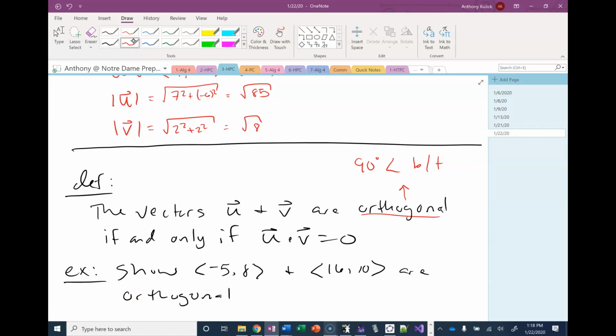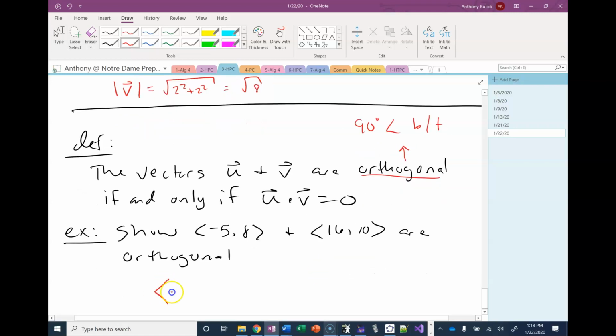So suppose I want to show that -5/8 and 16/10 are orthogonal. What would I do? We're going to take the dot product, multiplying 5 times 16, and we get 0.